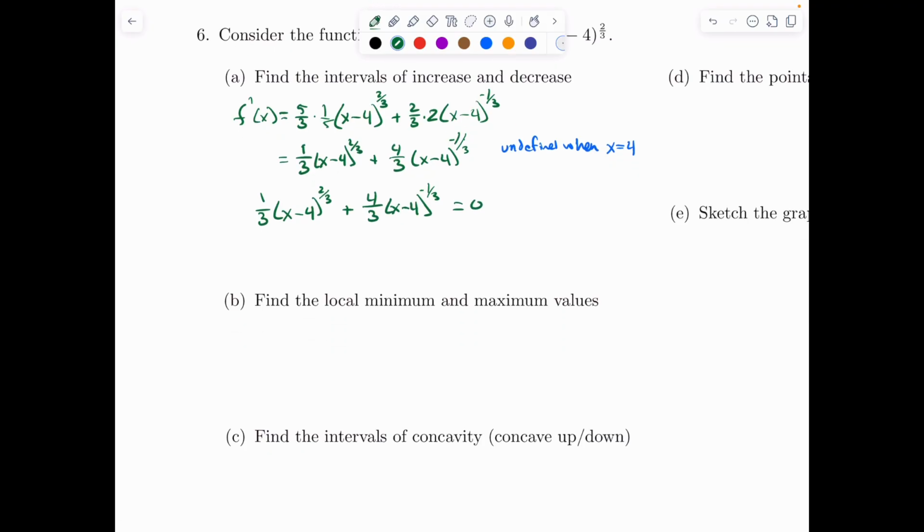So I'm going to just move one of the fractions over to the left. So we have x minus 4 to the 2/3 over 3 is equal to negative 4 over 3 x minus 4 to the 1/3.